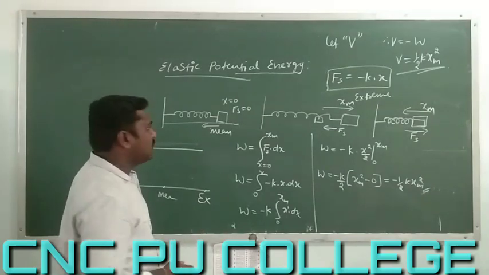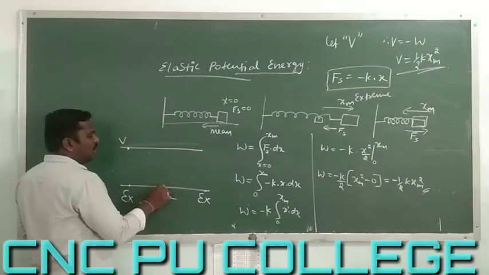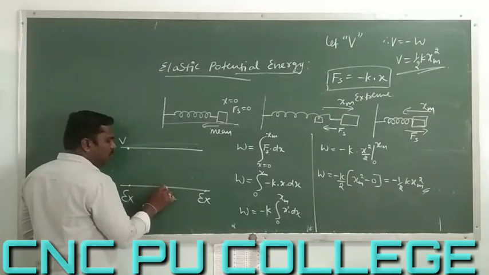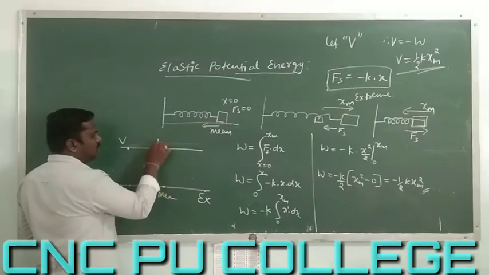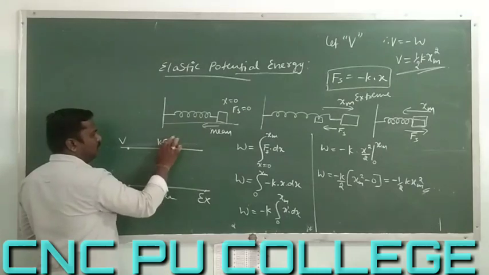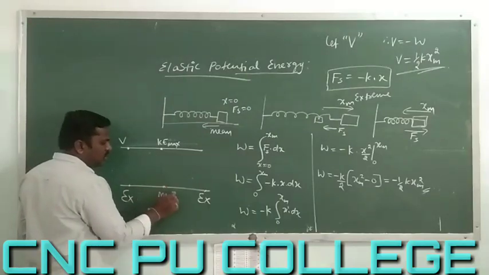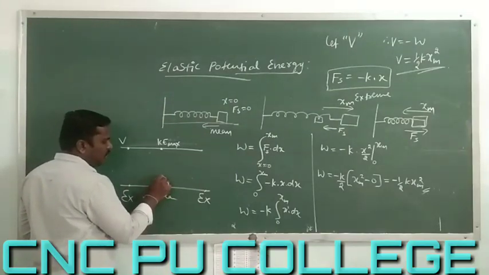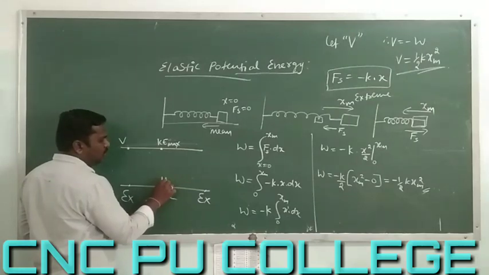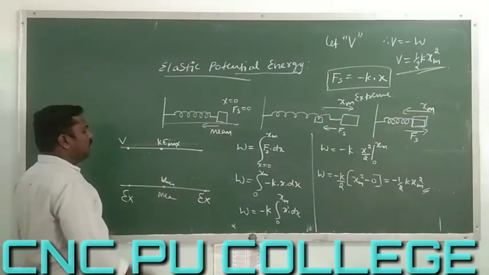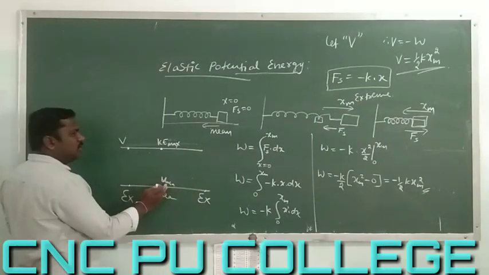Kinetic energy depends on speed. As the speed becomes maximum, we can say at the mean position the kinetic energy is maximum. But at the mean position the potential energy, U, becomes minimum.